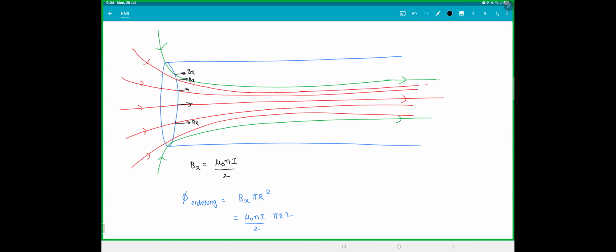Eventually, when you take flux here, since you're at infinity, the field becomes mu naught Ni. So here the flux leaving will be mu naught Ni pi x square. Isn't it? At infinity, the field is mu naught Ni. Since the number of lines is same, the flux must be same.